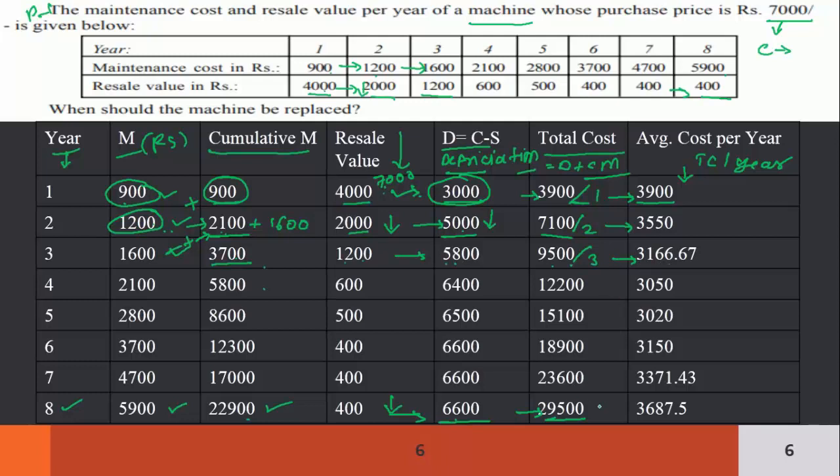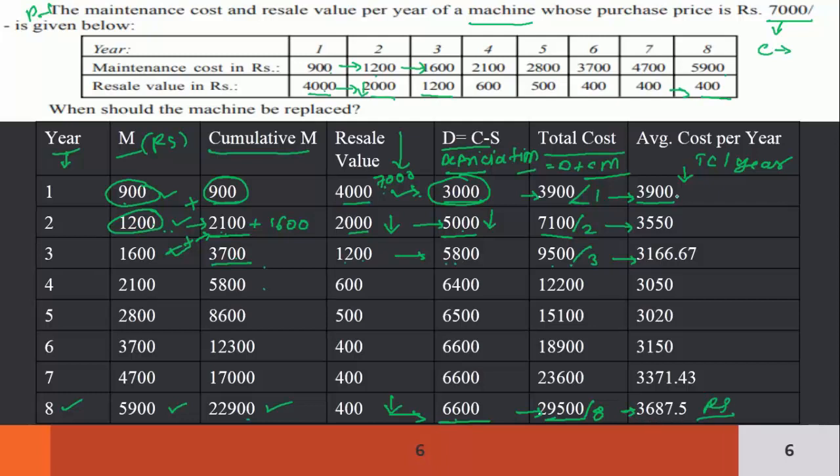Similarly, for the 8th year, the total cost of 29,500 divided by 8 gives a total average cost per year of 3687.55 rupees.